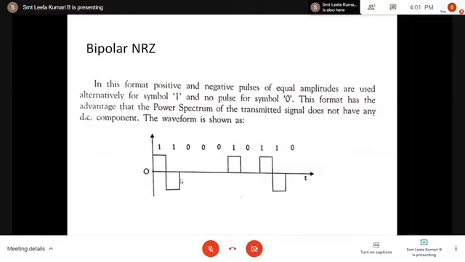And if a 1 comes in the next cycle, then it is represented by a positive pulse of constant amplitude. Like that it is represented. So positive and negative pulses of equal amplitude are used alternatively for symbol 1, and no pulse for 0.